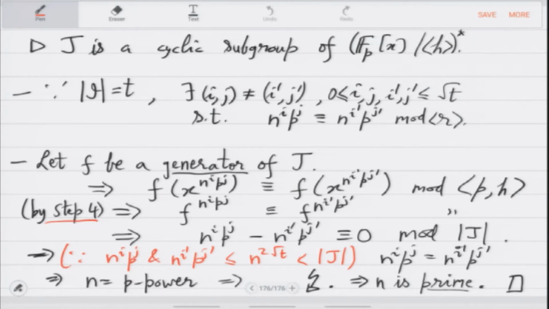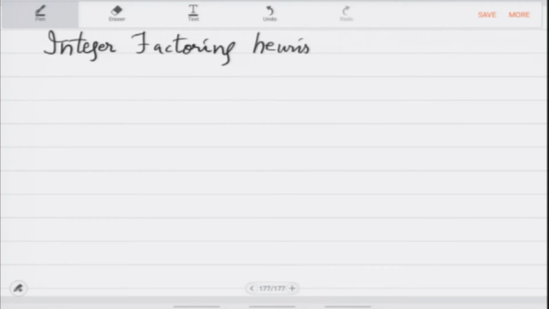Next question is, once you have verified that n is composite, how do you find factors? Integer factoring. Let's start with that. So this area of integer factoring consists of only heuristics.